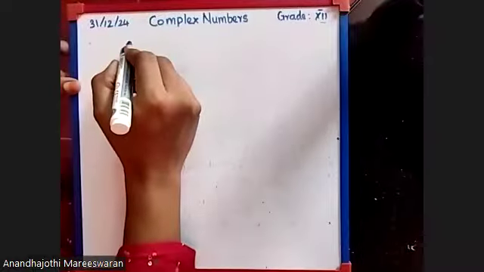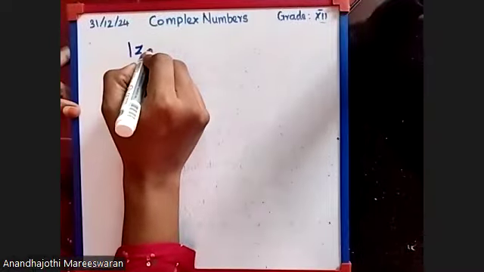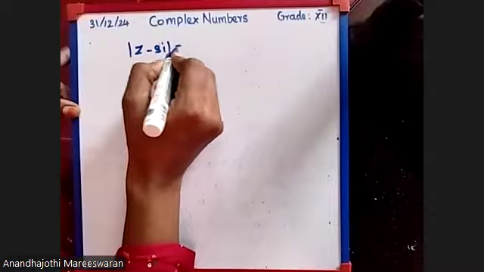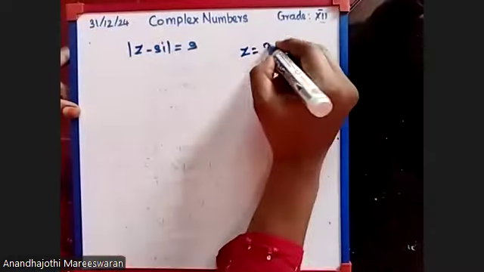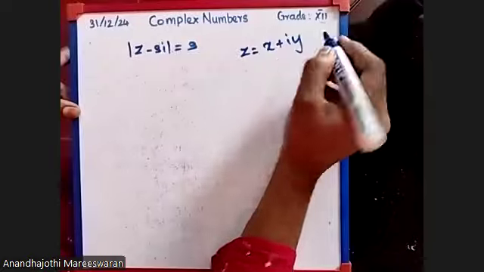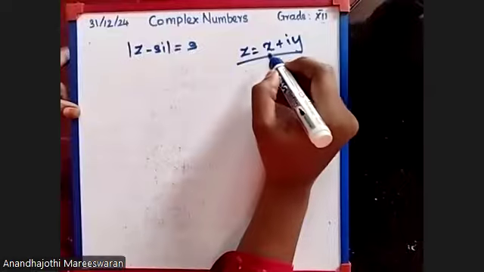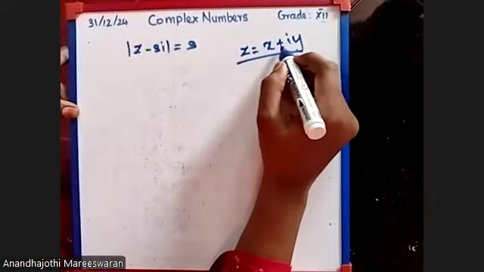From the given, we know that modulus of z minus 3i equals 3. We take z equals x plus iy, so I am going to replace this z with x plus iy.